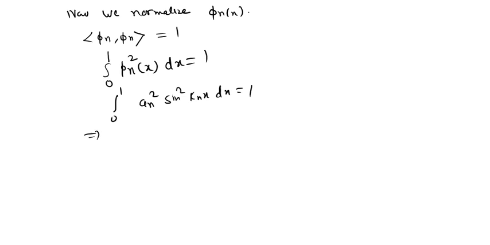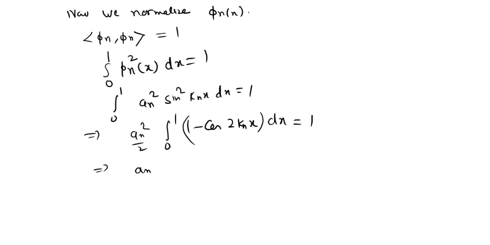a n square by 2, from 0 to 1, sine square equals 1 minus cos 2 divided by 2. So I am taking 2 outside, equal to 1. On integrating, taking the LCM, you got 2kn minus sine 2kn, divided by 4kn, after fitting limits.